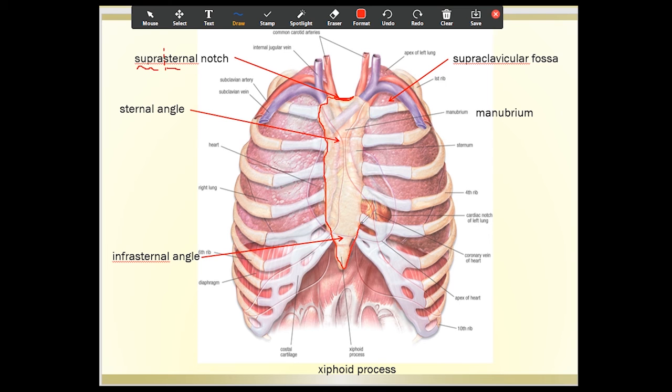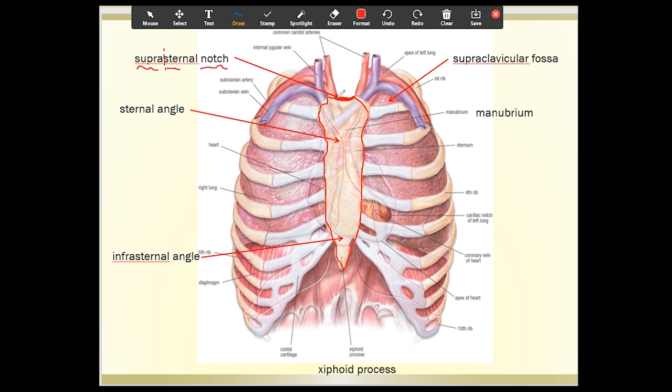The sternum bone is separated into three parts, and that's the upper part. Above the sternum bone we have a notch, and notch just means the divot. So this area we call the superior sternal notch.